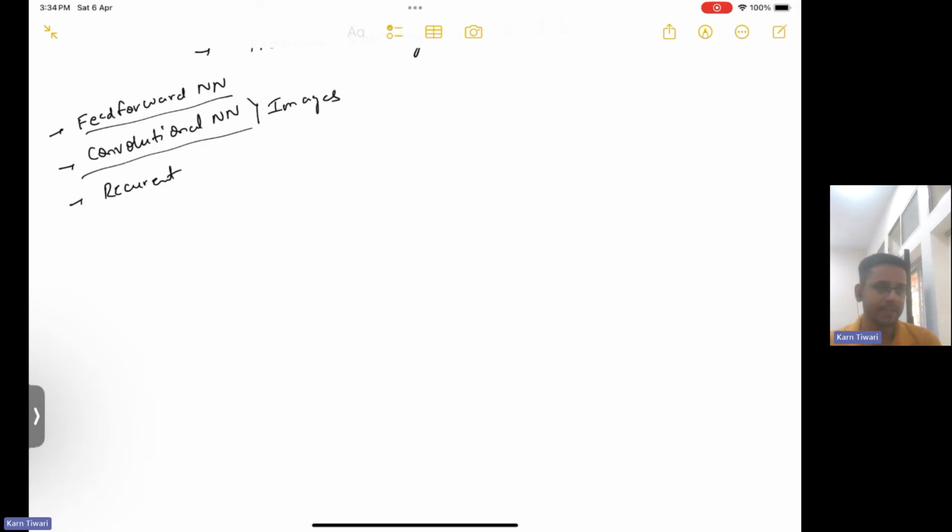In a feed-forward neural network we have hidden layers, and all the previous layer's neurons are connected to the next layer's neurons. That's the normal feed-forward neural network we have seen. In convolution, we have a spatial arrangement. We have filters, we slide them over the image and try to get a feature.